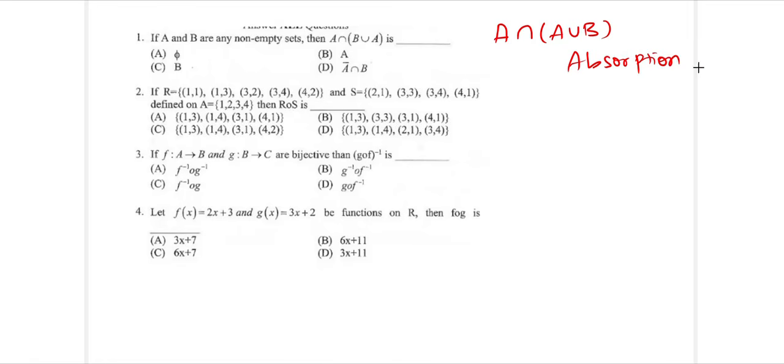Absorption law states that this is going to be equal to A. In A, the elements that are common to A and A union B will just be the elements of A alone. Okay, so the answer is going to be B, which is your A.